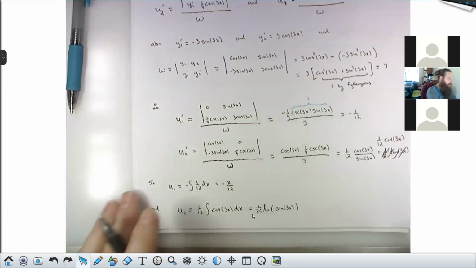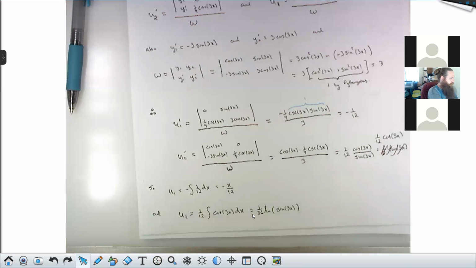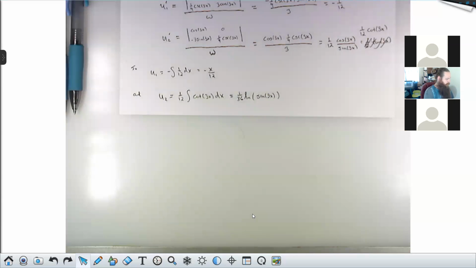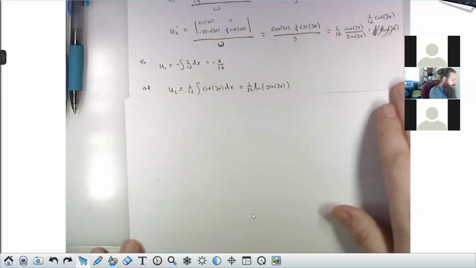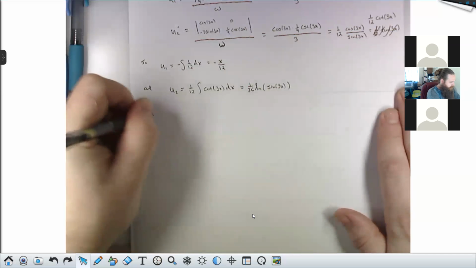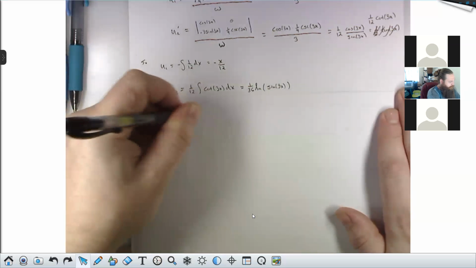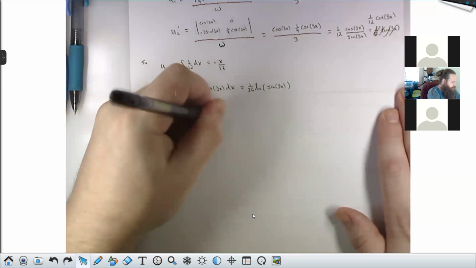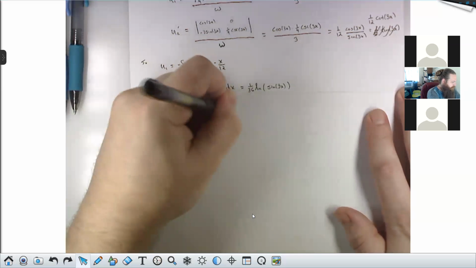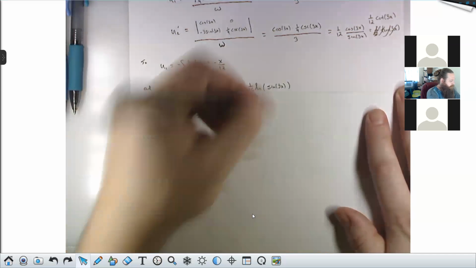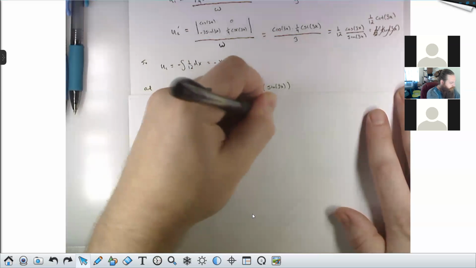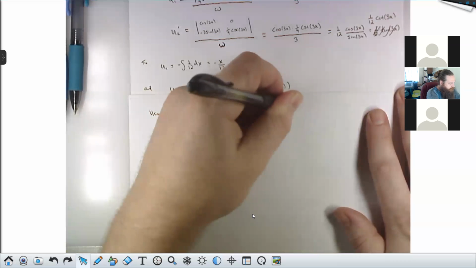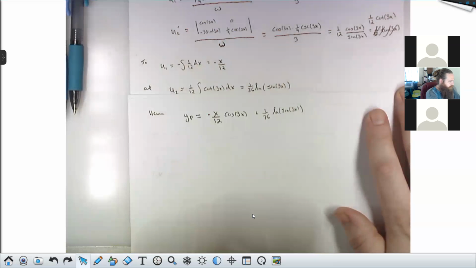Now that you've got u1 and u2, you're ready to write down your solution. Write down yp. yp is u1 y1 plus u2 y2, which is negative x over 12 times y1, which is cos 3x, plus u2 y2, which is 1/36 natural log sine 3x times sine 3x.